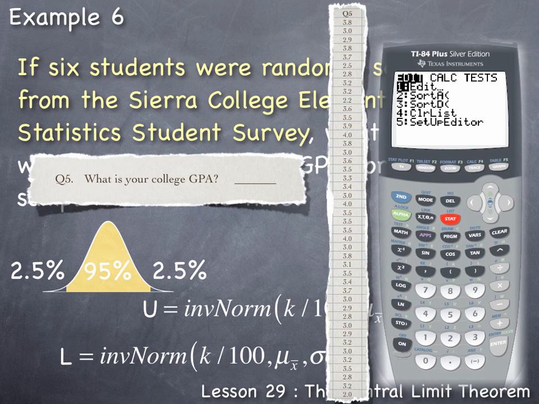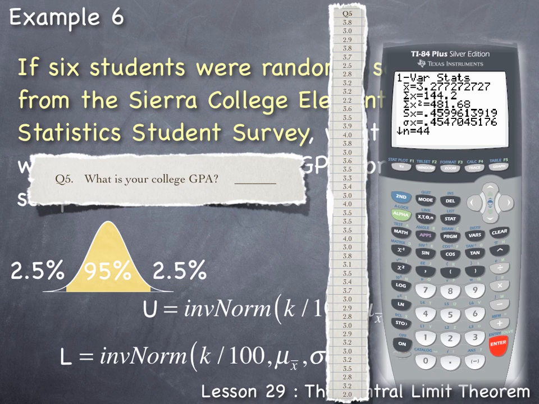On the calculator, we can calculate the mean by pressing stat, arrowing over to 1-Var Stats, press enter, second list, arrow down till we find Q5, which is where we stored the question 5 GPA data from the student survey. Press enter to select, and then pressing enter to execute will find the statistics for the GPA data in question 5.